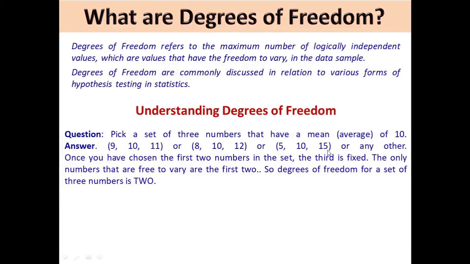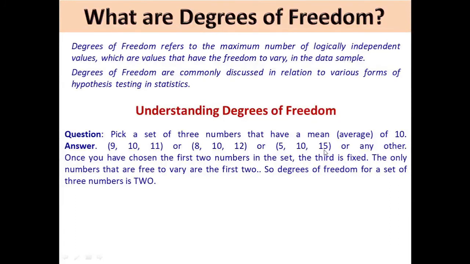Once you have chosen the first two numbers in any of these sets, the third number is fixed. For example, if you have chosen 8 and 10, you are bound to choose 12 because you cannot choose any other number so that the mean will remain 10. Similarly, if you have chosen 5 and 10, the 15 is fixed.